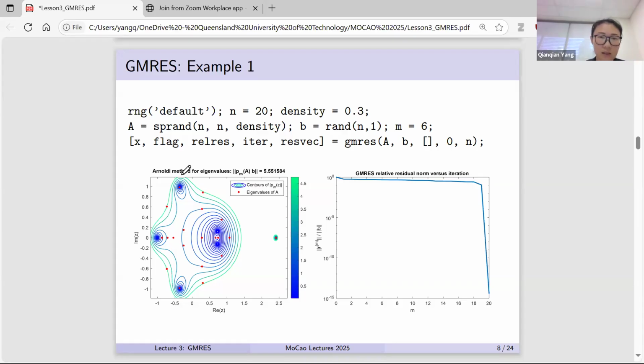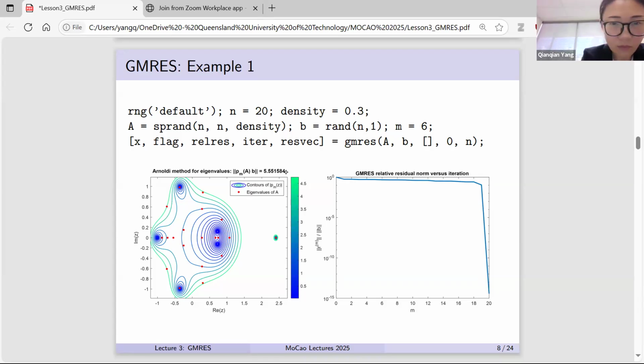On the left, you remember that the Arnoldi method is really good at capturing eigenvalues. It's trying to minimize the norm of p_m(A)b, and be careful that this p_m here is different from the p_m that we are talking about for GMRES. The p_m for the Arnoldi method, let me write this down for you.